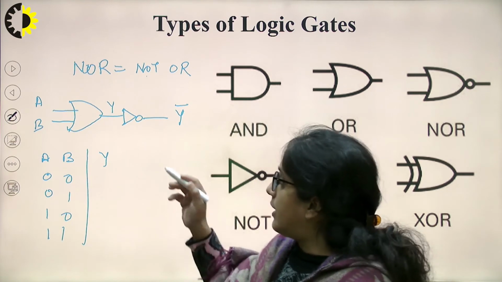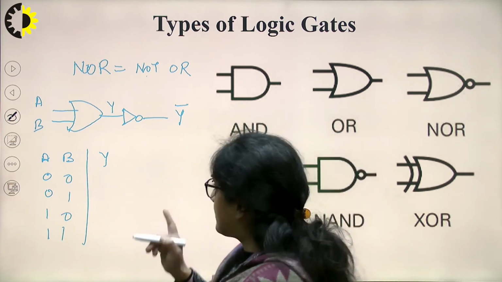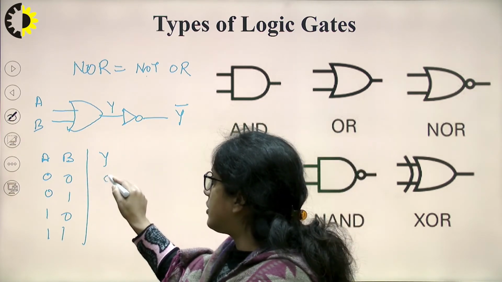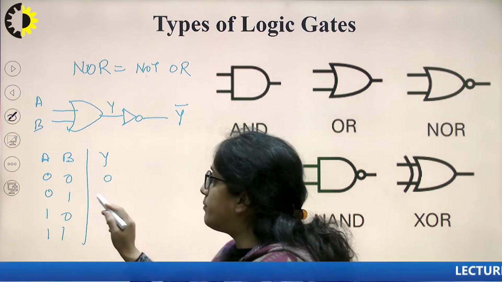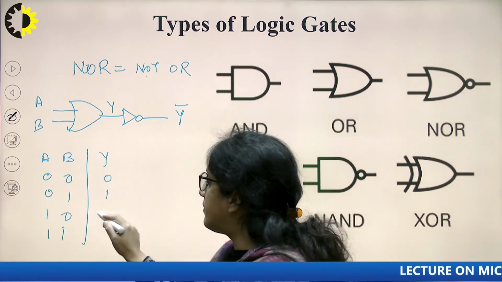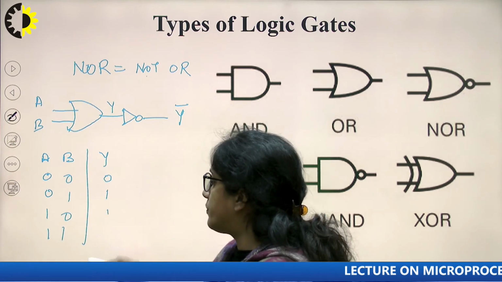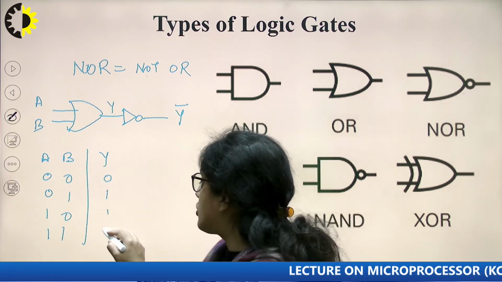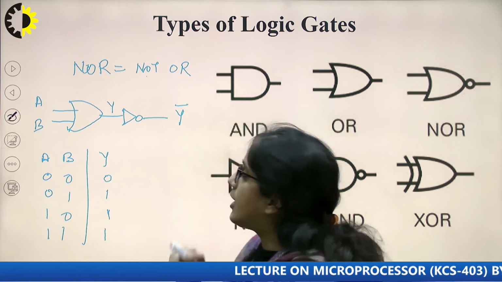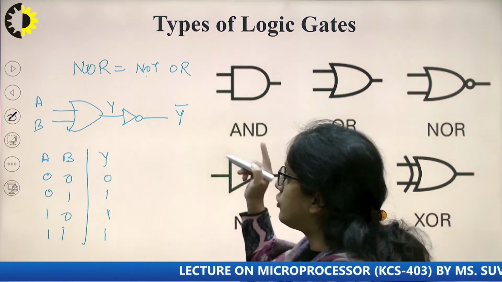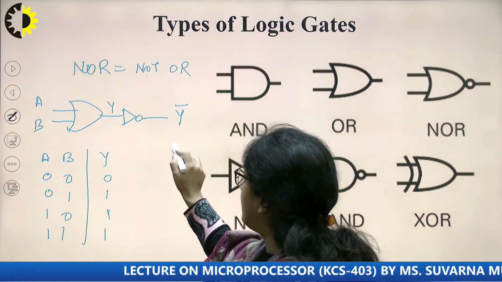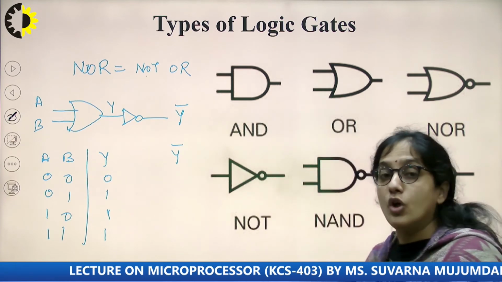Okay. So, I think we already discussed this. So, 0 0, output will be 0; 0 1, the input is high, so output is high. Second, in this case A is high, so output is high. Both the inputs are high, so output is high. This is the output of the OR gate. Now, we are going to complement it and we have to obtain Y bar, that is the output for the NOR gate.